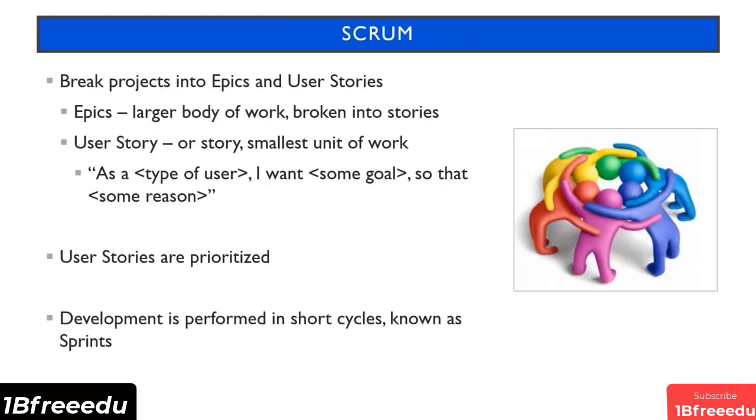So, Scrum is probably the most highly recognized Agile methodology. It works by breaking projects down into smaller bits of user functionality represented by epics and user stories. An epic can be defined as a larger body of work, or work that cannot be completed in a given iteration, and so it usually gets broken into multiple user stories.